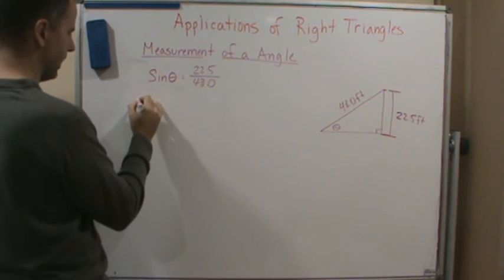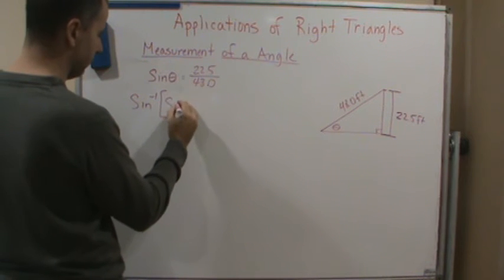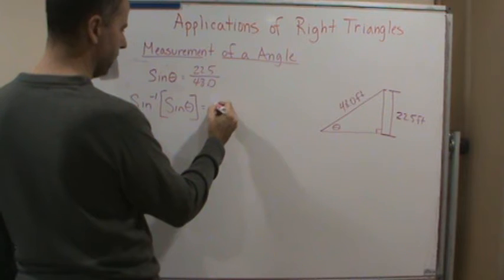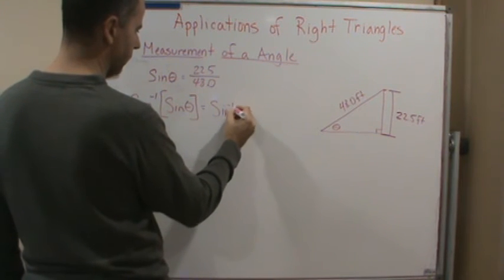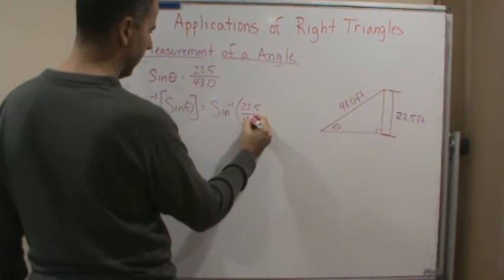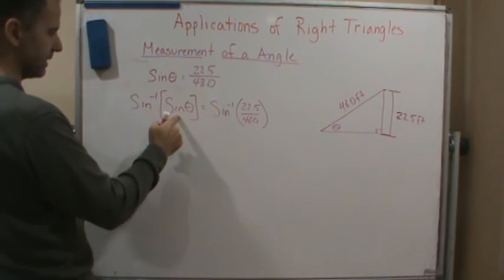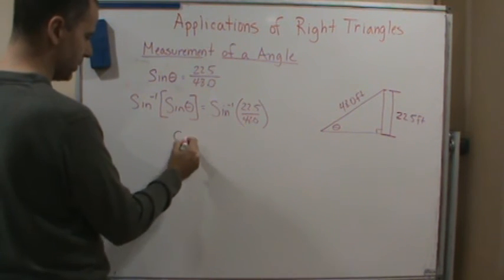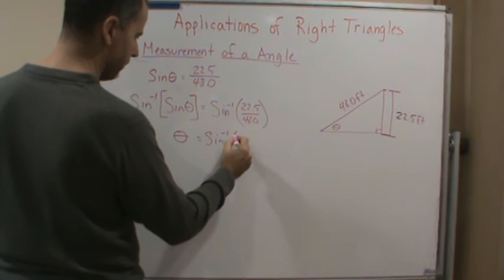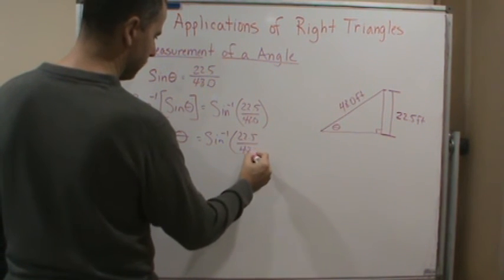I'm going to take the inverse sine of sine theta, and then the inverse sine of the other side too, so inverse sine of 22.5 over 48.0. Now the inverse sine and the sine cancel each other out, and so we just get theta equals sine inverse of 22.5 over 48.0.